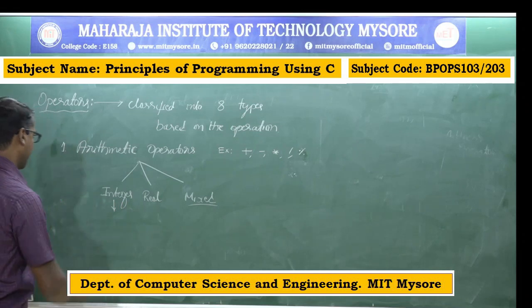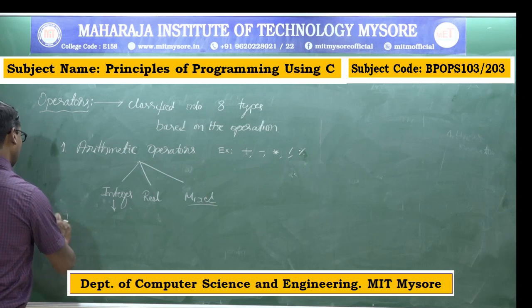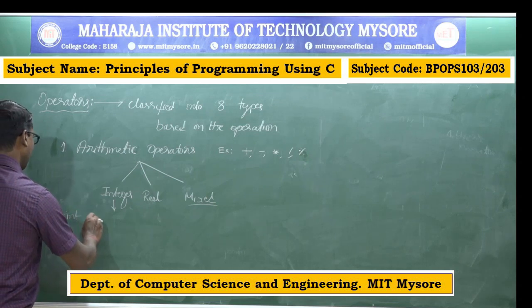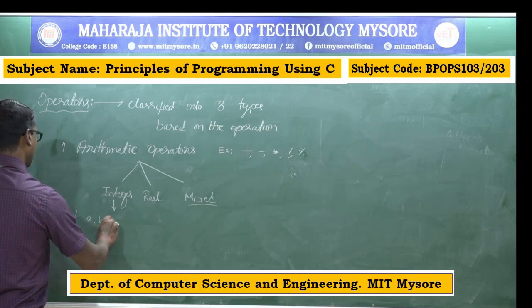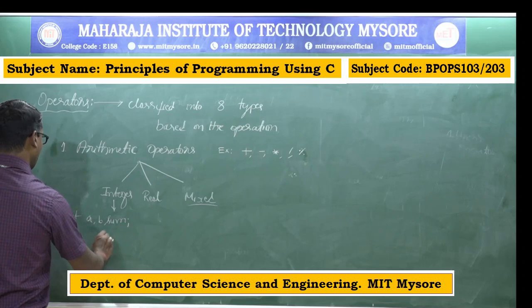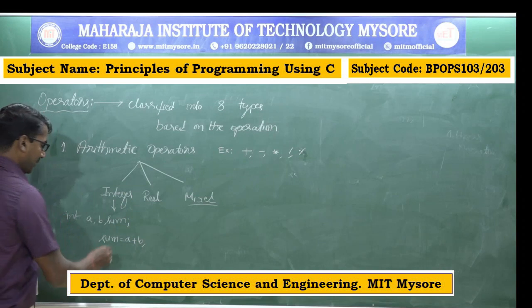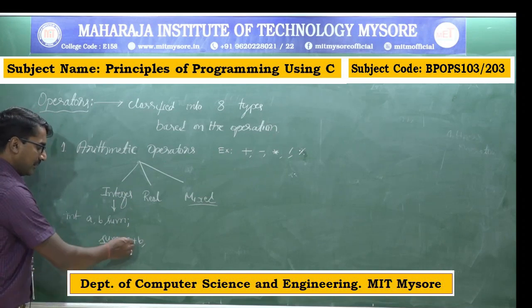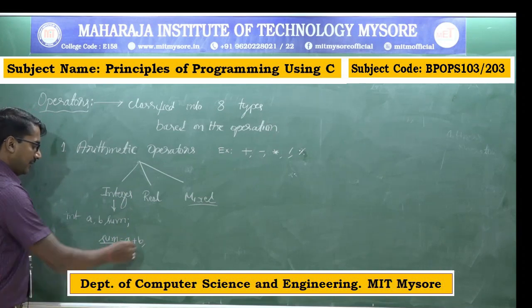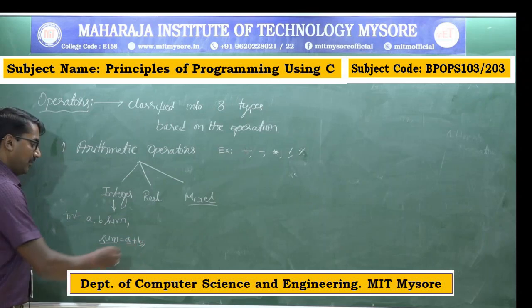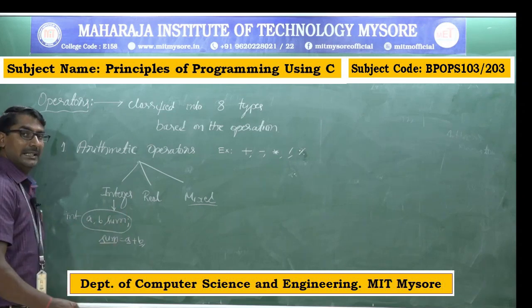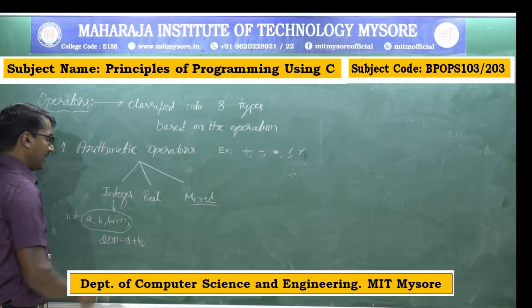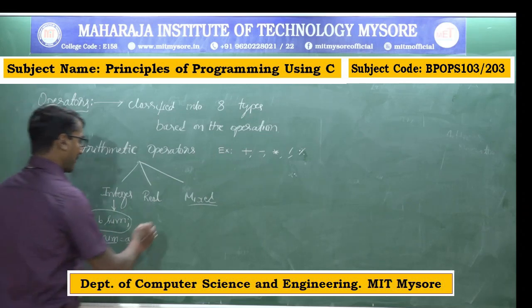Example: int A, B, sum; sum is equal to A plus B. Here sum is of integer type, A is of integer type, and B is also of integer type. All 3 variables are of integer type, so this type of operation is called integer arithmetic operation.